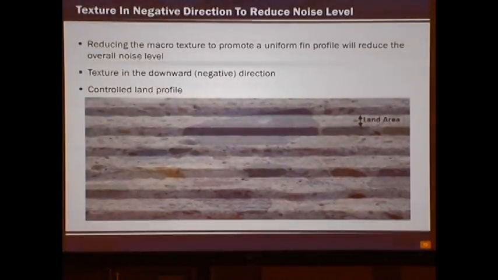Reducing the macro texture to promote a uniform fin profile will reduce the overall noise level. The texture in the downward or negative direction, which is what the next generation concrete surface is pushing towards, creates a controlled land profile on top and that negative texture in between the land areas.